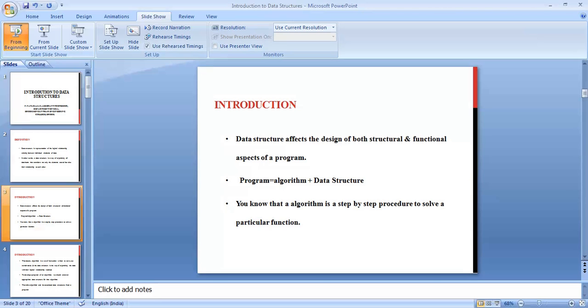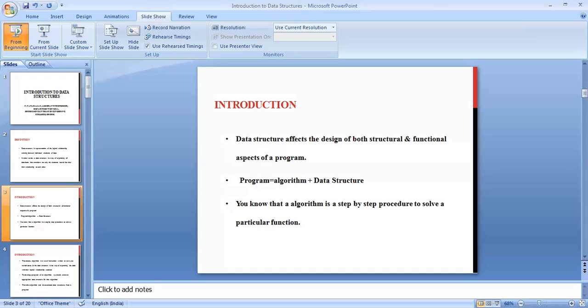Now we move to the next slide. It is also an introduction slide. See this: data structure affects the design of both structural and functional aspects of a program. Here we concentrate on both structural and functional aspects of a program.